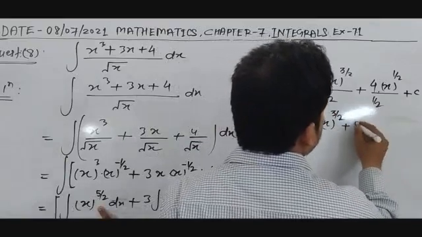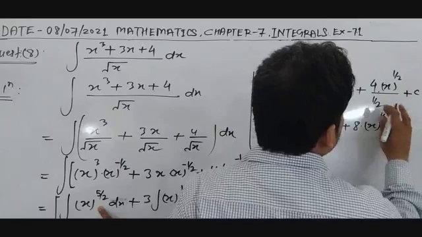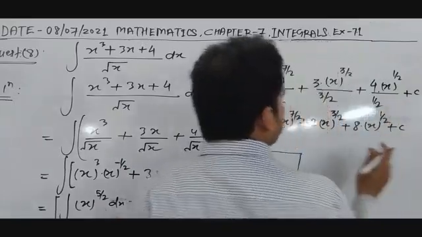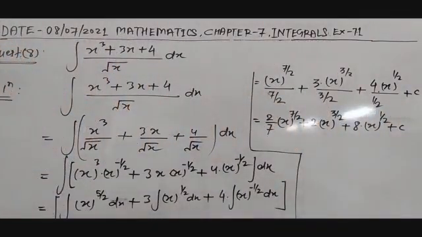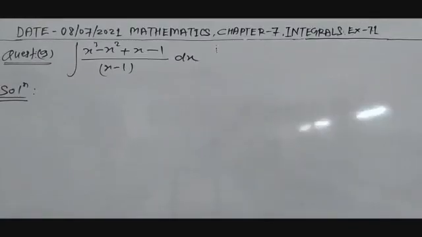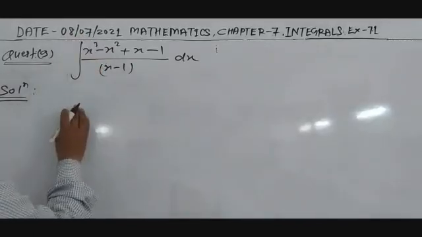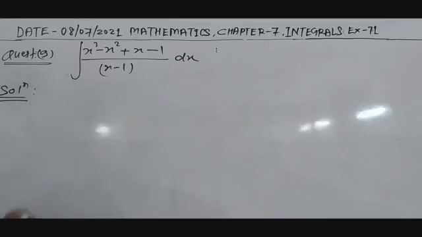Now this will be 8 times x to the power 1/2, now plus c. So this will be the answer. Now come to question number 9. Question number 9 is integration over x cube minus x square plus x minus 1 whole upon x minus 1.